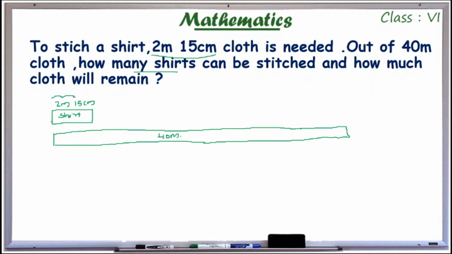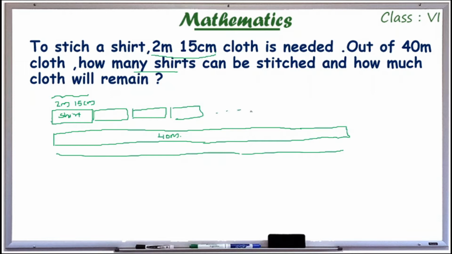This is one shirt. We have this much cloth, and how many shirts can we stitch? This is 2 meter 15, so I can stitch 2, 3, 4, etc. The measures are not accurate, but like this I can stitch from 40 meter cloth.